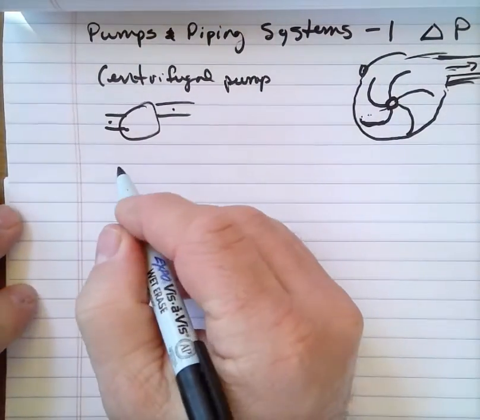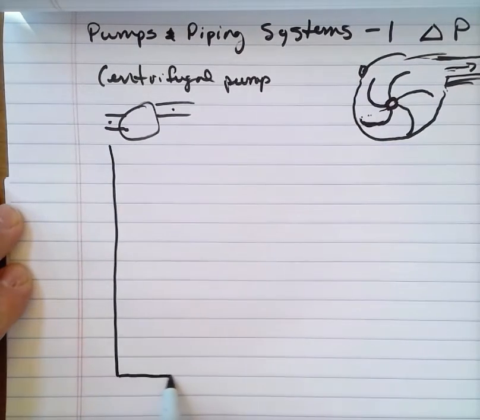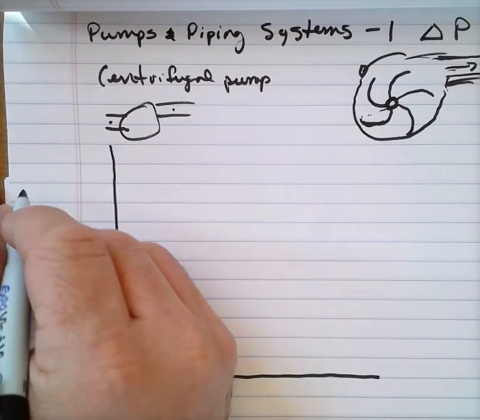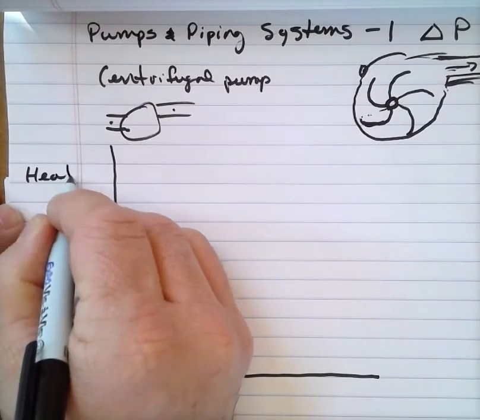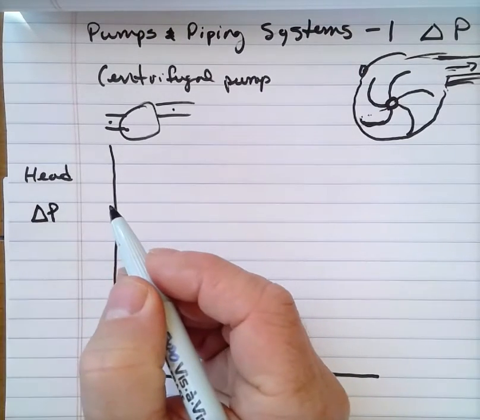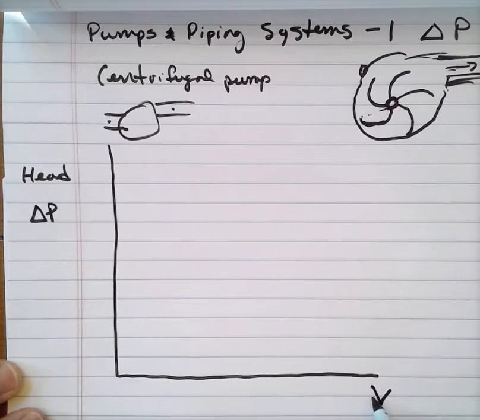All right, so now I'm going to draw a pump curve. In our pump curve, we have head, also represented by a differential pressure, increase in pressure, on the y-axis. And flow rate, let's go with V dot, volume flow rate, on the x-axis.